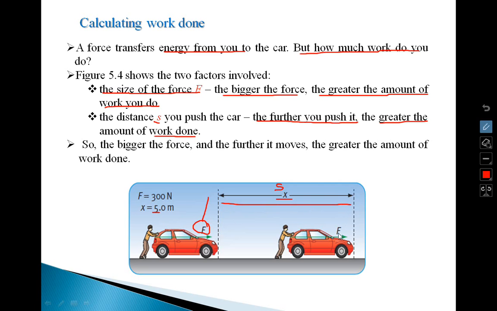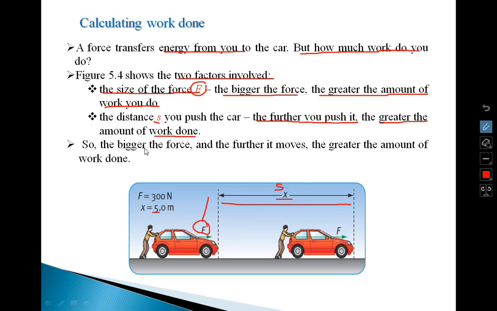So there are two factors involved: the force F, where the bigger the force, the greater the amount of work, and the distance you push the car, where the further you push it, the greater the amount of work done.